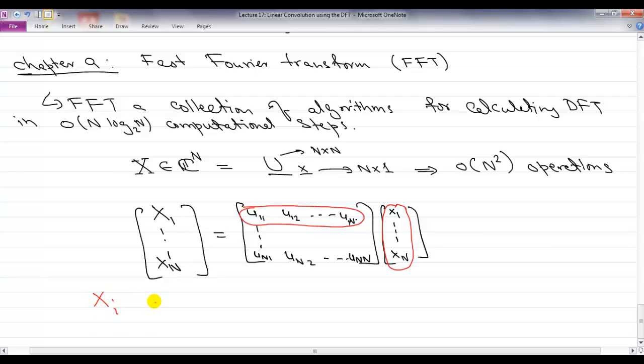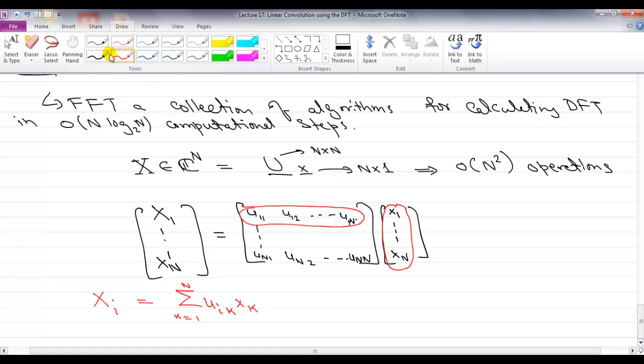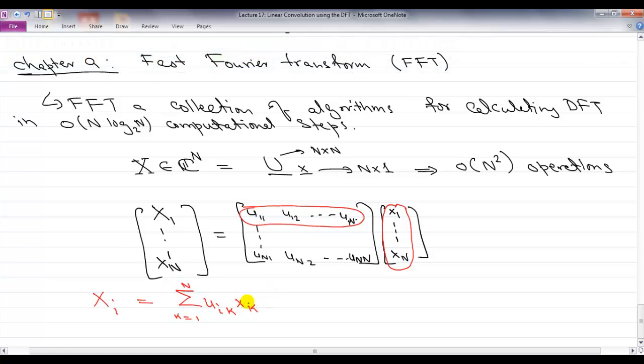So Xi is simply equal to the sum of Uik times xk, where k equals 1 to n. I've just written the formula for multiplication of a row vector with a column vector. Now if you look at this, and assuming that these things could be complex valued, for one coefficient calculation, how many multiplications are you doing?